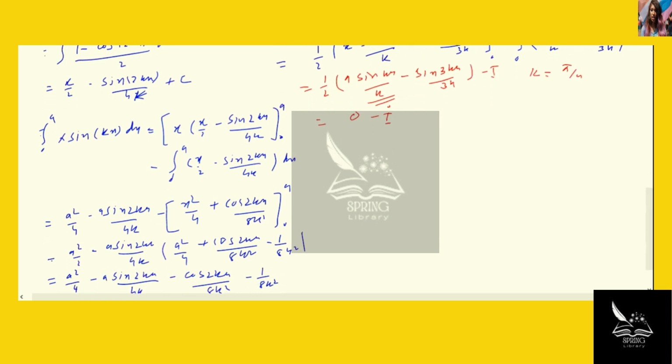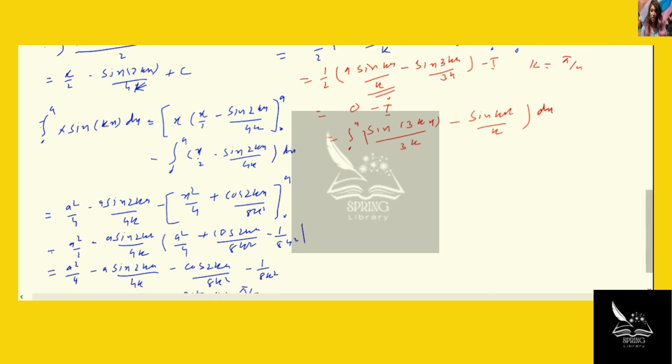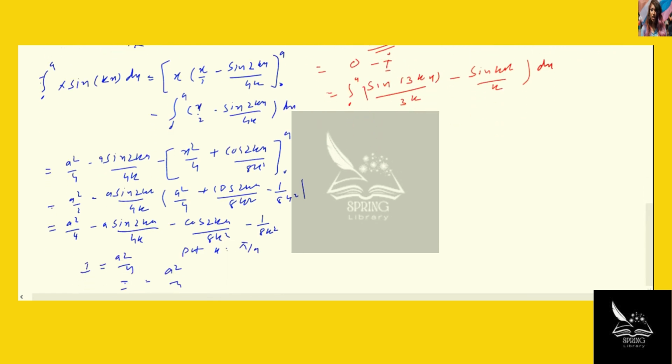So now we calculate the integral, which is 0 to a of (sin 3kx out of 3k minus sin kx out of k) dx.